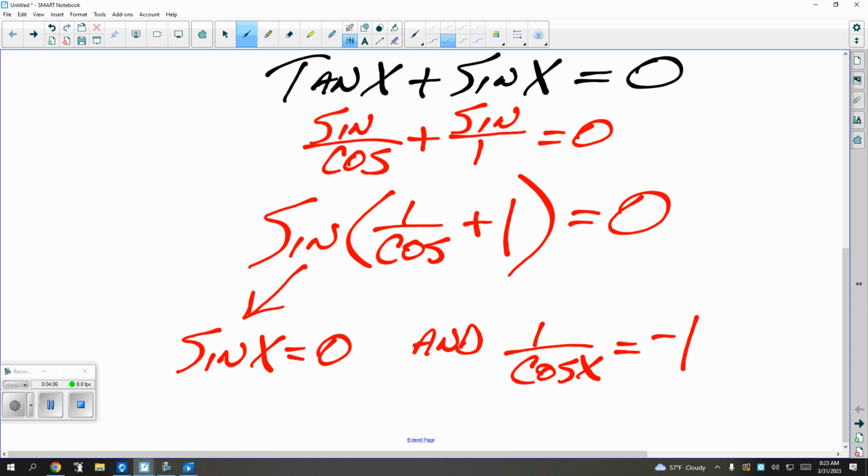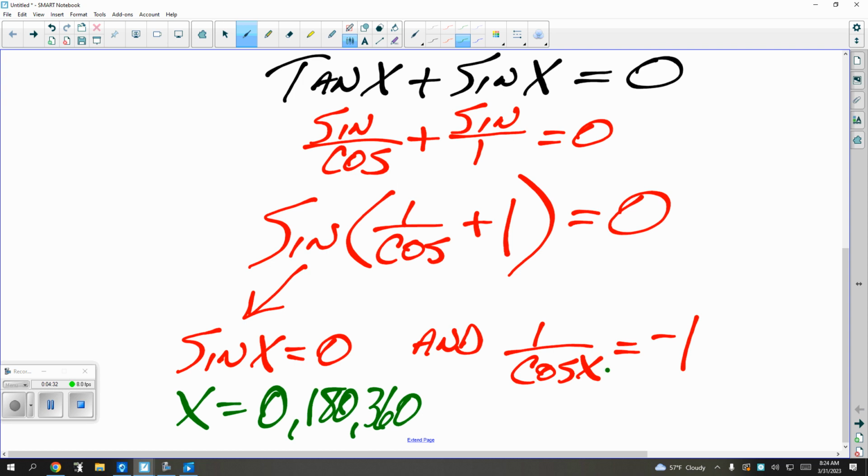Okay, so then what is the sine of 0? Can we get some answers there in green? X equals, and then I bust out my calculator or my note card, and I see it at 0, 180, and 360. That's cool, but now I don't know what to do with these.